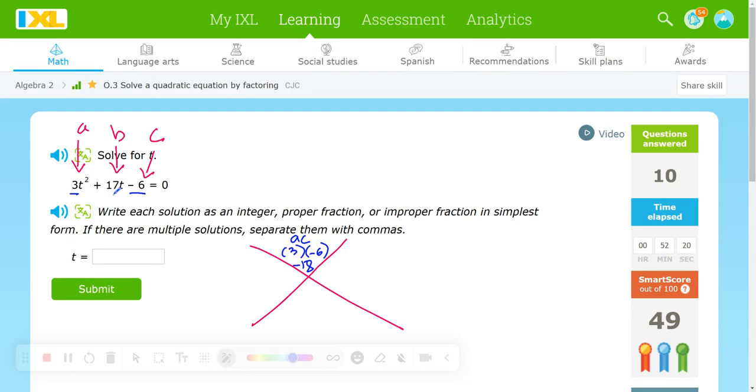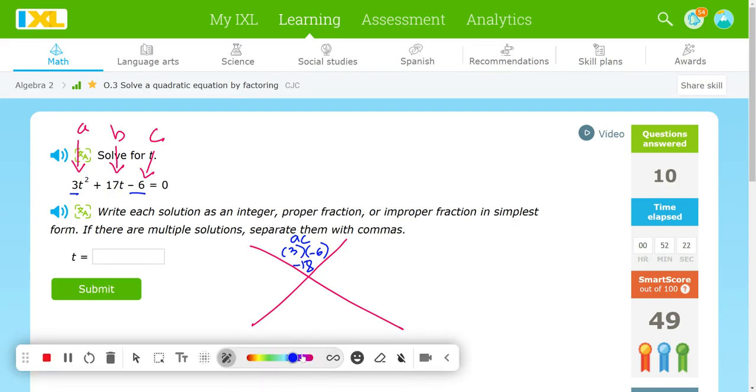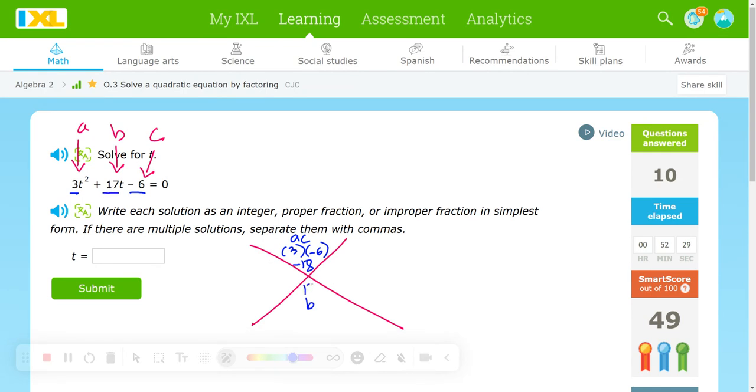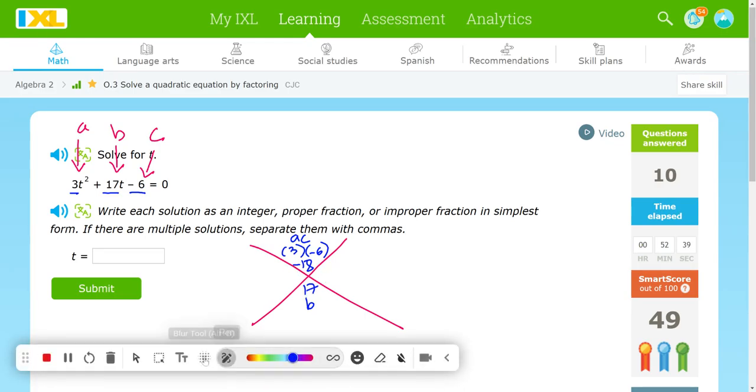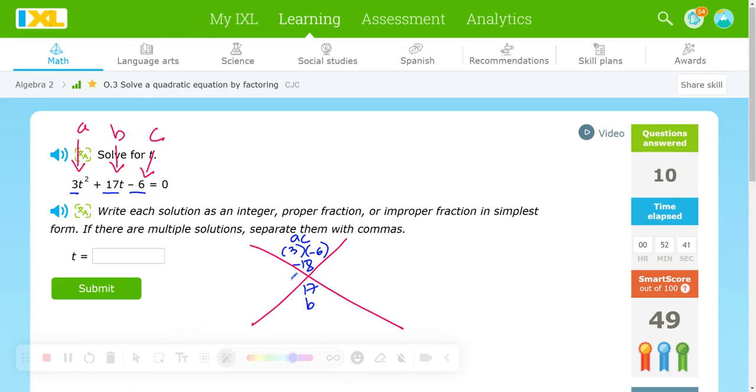And then B should be the bottom of the diamond, the bottom right here. So B is 17. Now we need two numbers that multiply to equal negative 18 and add together to equal 17. So one of them has to be positive, one of them has to be negative.